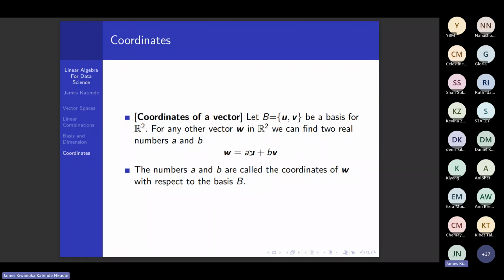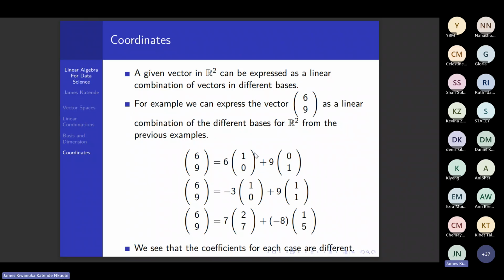In this case, we say that these values A and B are the coordinates of the vector W with respect to the basis U and V. We have seen examples here. The coordinates of 6, 9 with respect to the standard basis are just 6, 9. The coordinates of 6, 9 with respect to this second basis will be -3, 9, and so on.